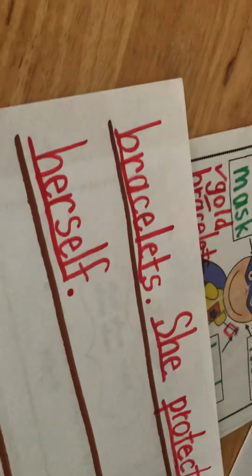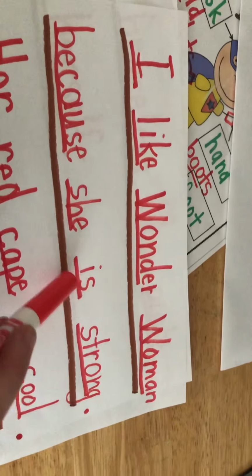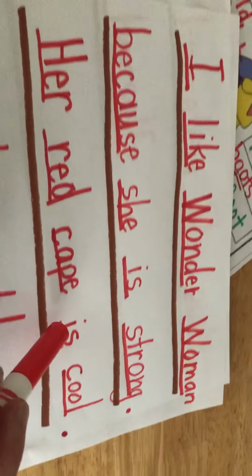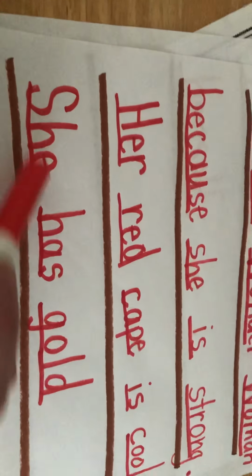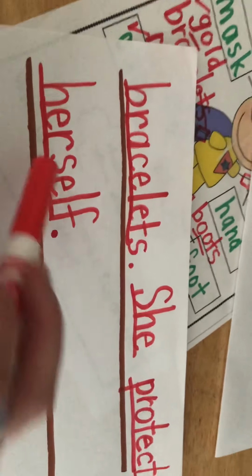So let's read what we've written so far about Wonder Woman. Okay, here we go. I like Wonder Woman because she is strong. Her red cape is cool. She has gold bracelets. She protects herself.